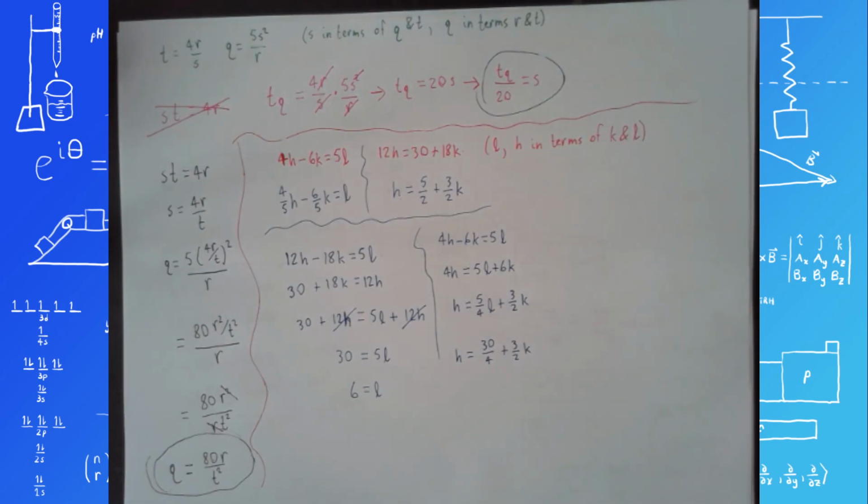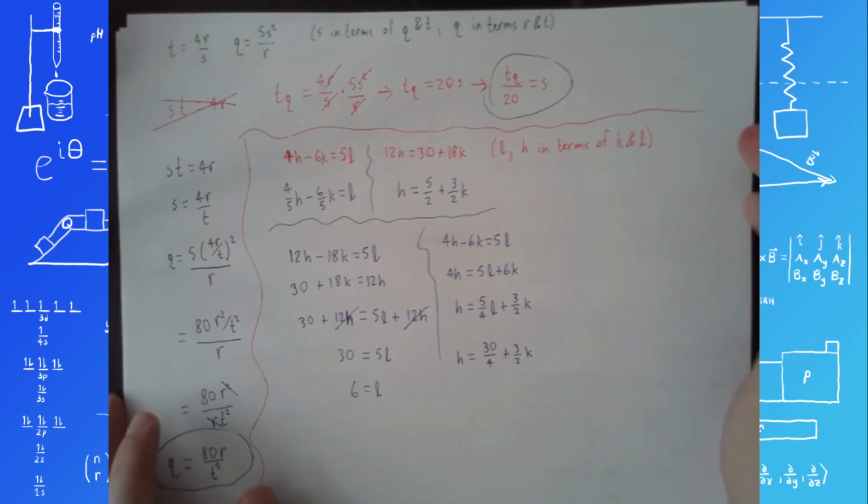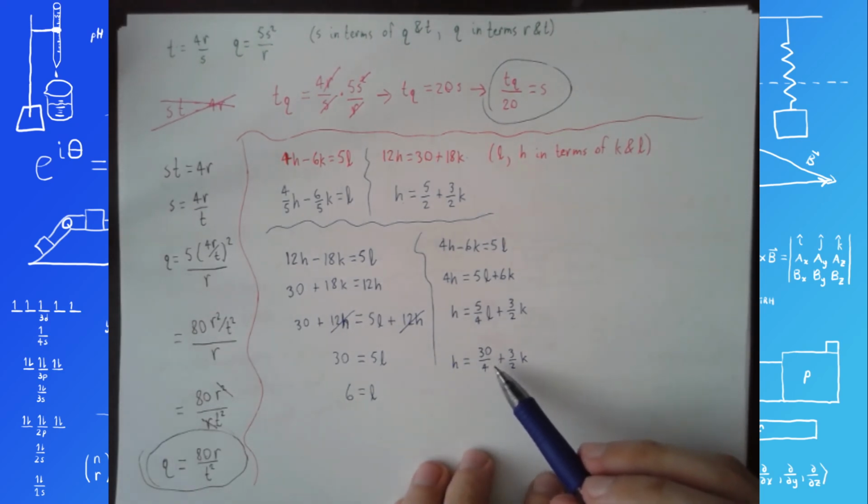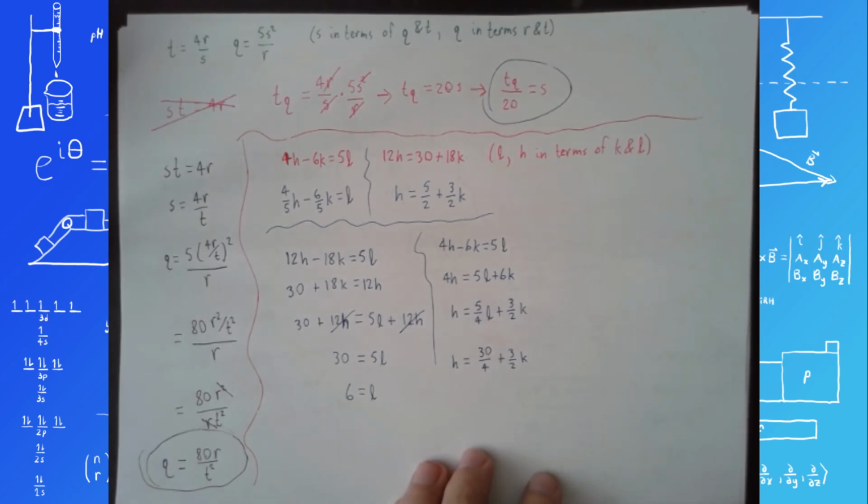Wait a minute, that's not adding up. I think I just discovered that this problem is even worse than before, unless I made a mistake somewhere. 30/4 reduces to 15/2.